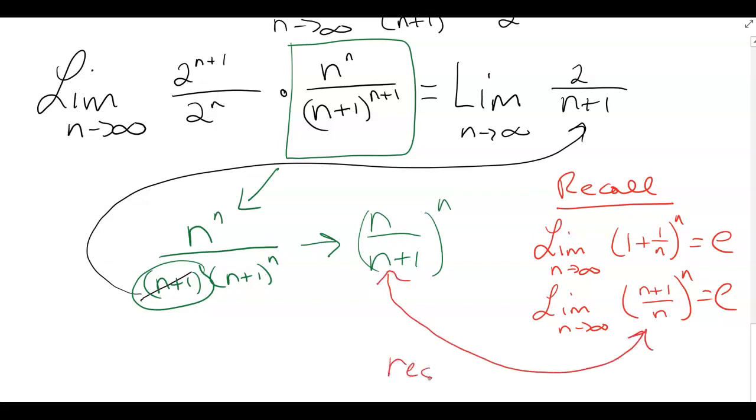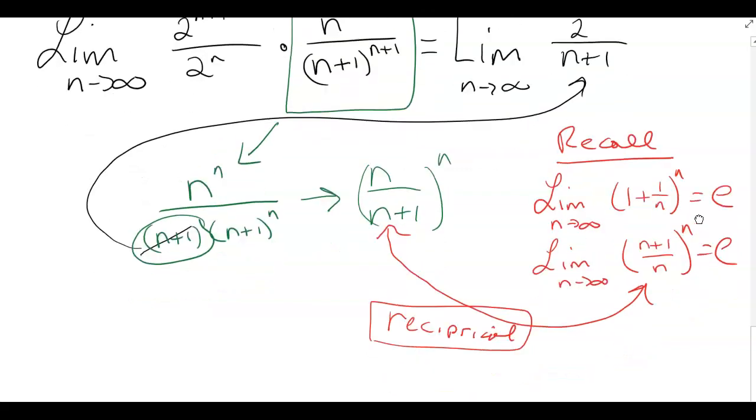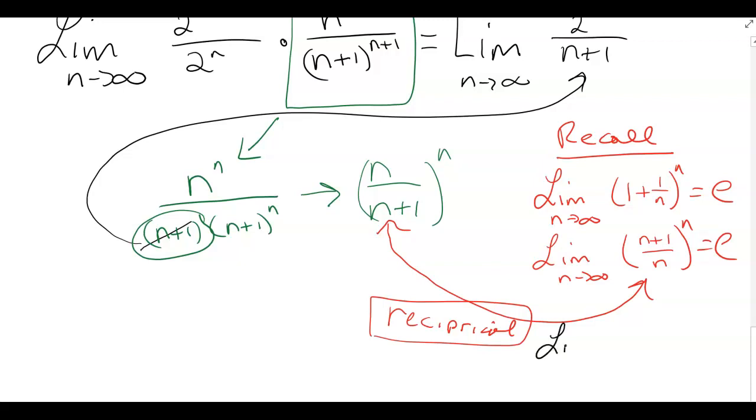It is the reciprocal. Yeah, it's a reciprocal. So what does that tell me? It tells me the limit of n over n plus 1 to the n equals 1 over e.